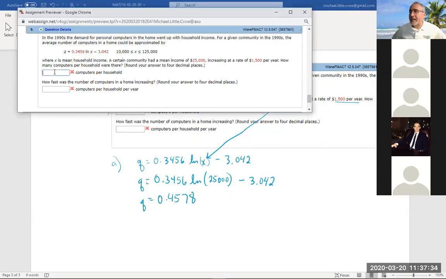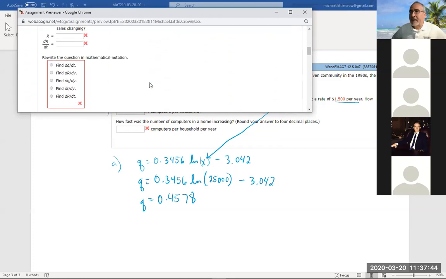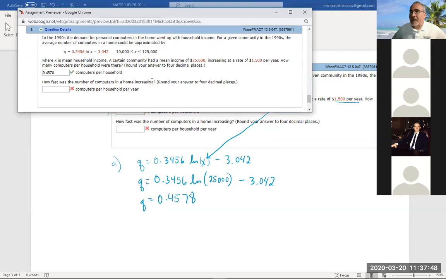So let's check it, 0.4578. And the reason I also check is because I know this WebAssign can be very tricky about rounding and being off by a decimal, but we're okay. We used enough decimal places, so that's correct.